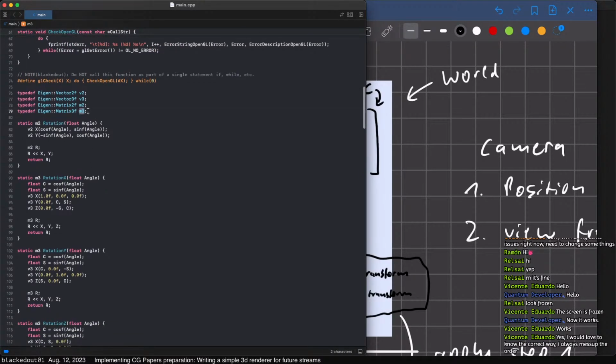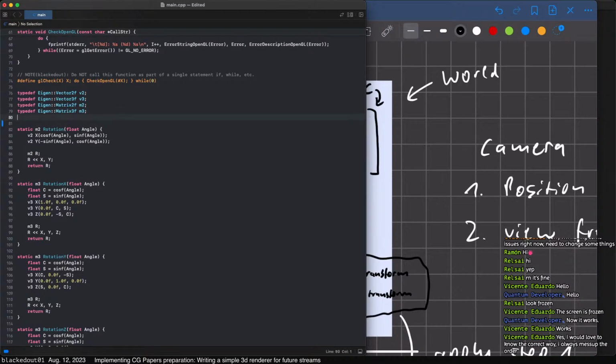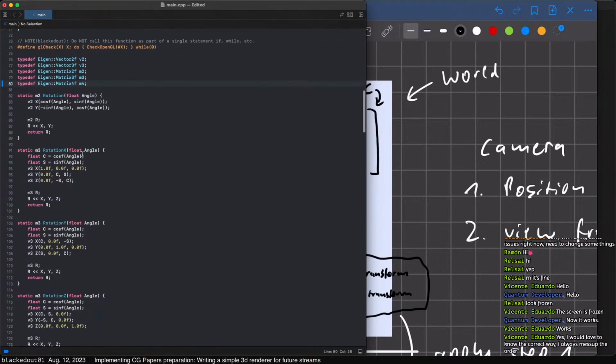Previously we just had this M3, which represents a 3x3 matrix, but I think there's also a 4x4 matrix.